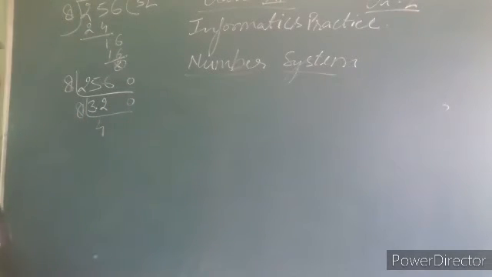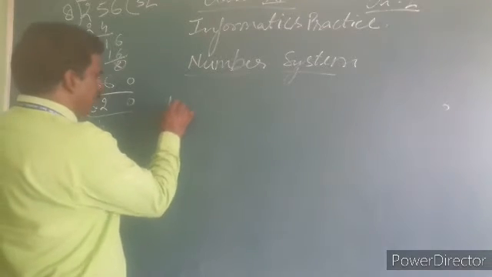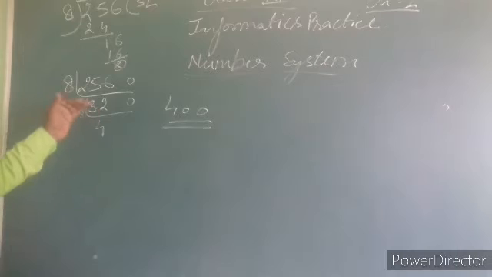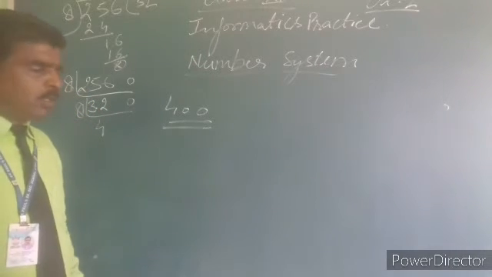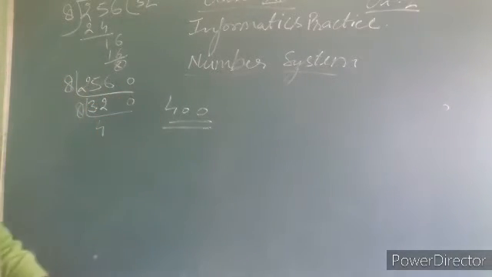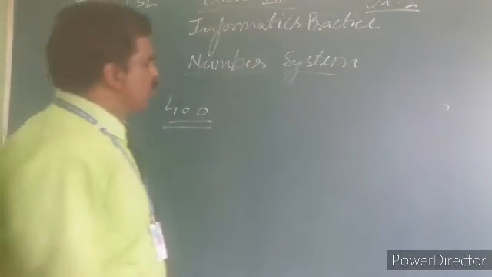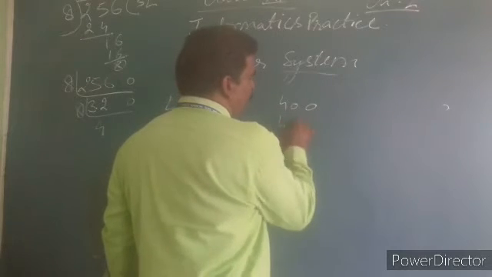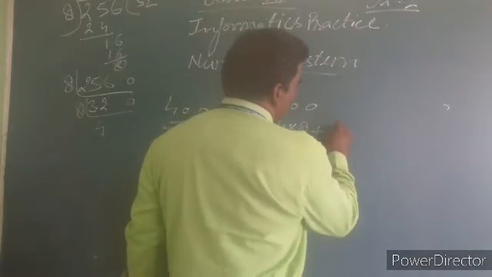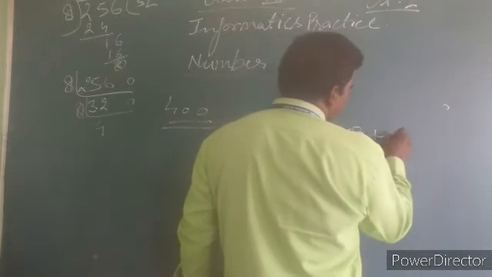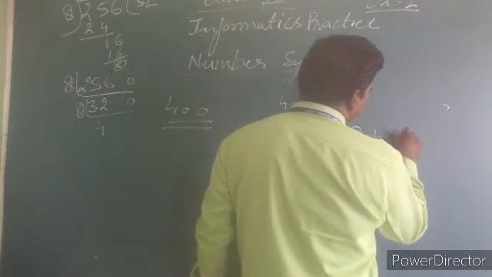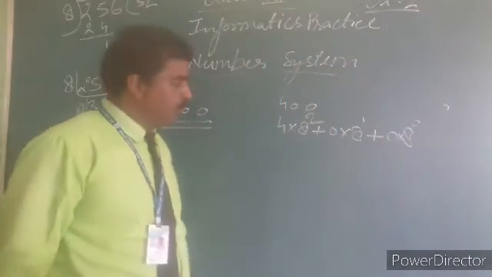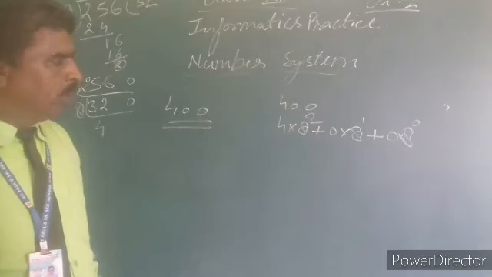Remainder is 1. So here 400 will be the octal number of 256. So again you can check it. 400. So 4 into 8 plus 0 into 8 plus 0 into 8, powers 0, 1 and 2. Check it.